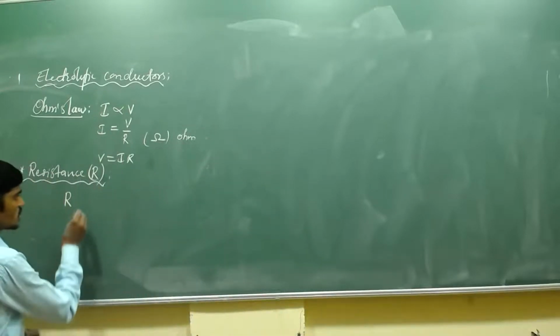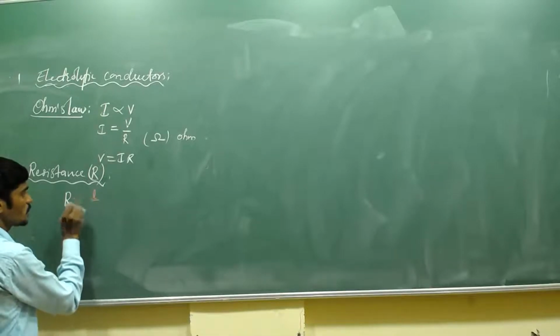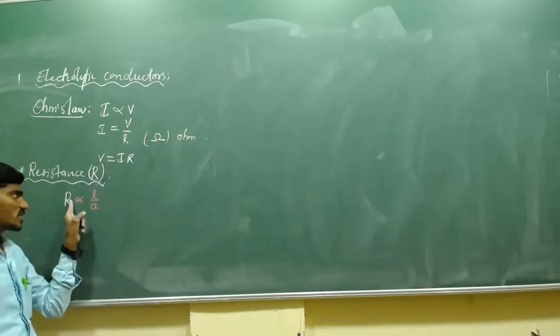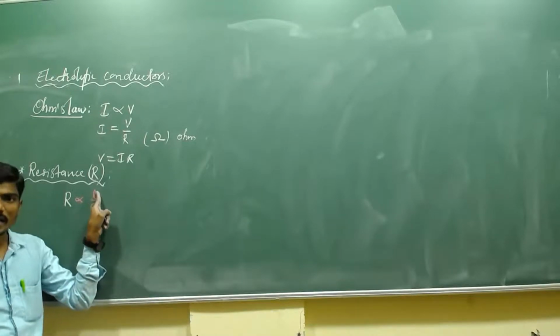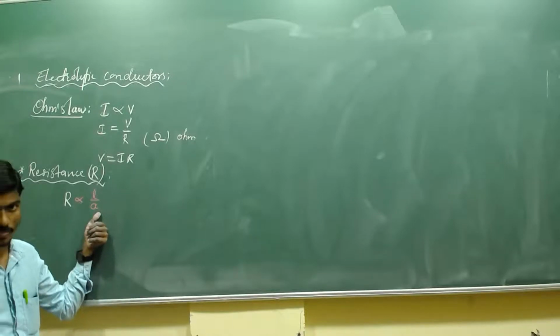And this resistance depends on length and area: R is proportional to L by A. Resistance is directly proportional to the length of the conductor and inversely proportional to the area of cross section.